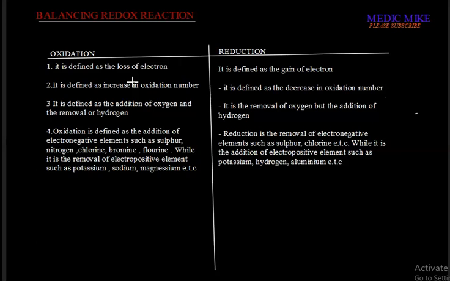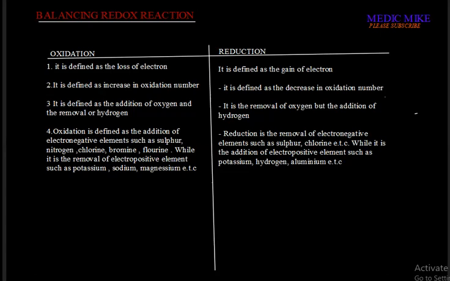They occur at the same time in the reaction, but they have opposite effects. So what I'm trying to say is that while one is undergoing oxidation, or loss of electron, the other is undergoing gain of electron. So it is like the inverse of it. So we are going to be explaining what we mean by oxidation is defined as the loss of electron.